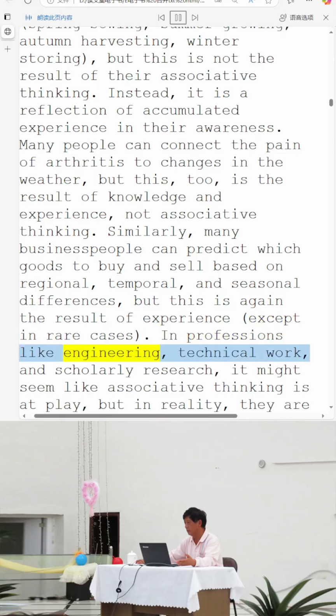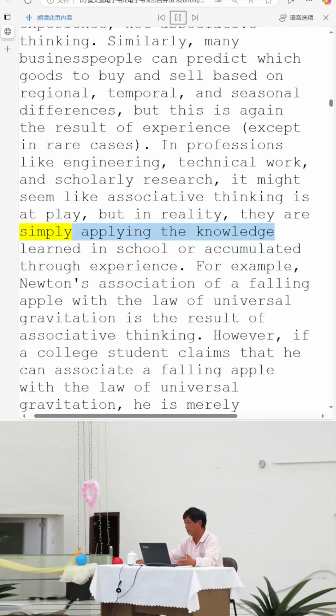In professions like engineering, technical work, and scholarly research, it might seem like associative thinking is at play, but in reality, they are simply applying the knowledge learned in school or accumulated through experience. For example, Newton's association of a falling apple with the law of universal gravitation is the result of associative thinking.